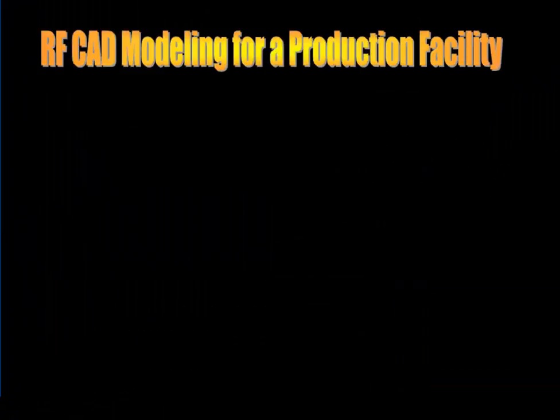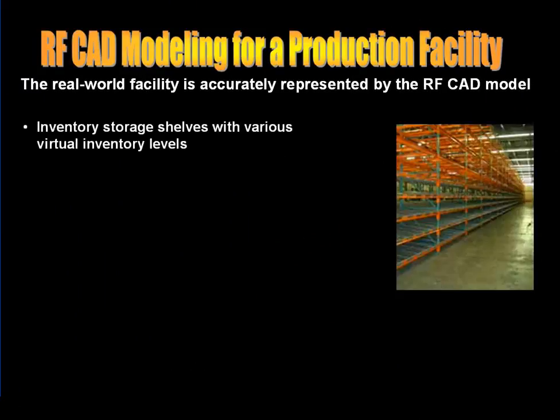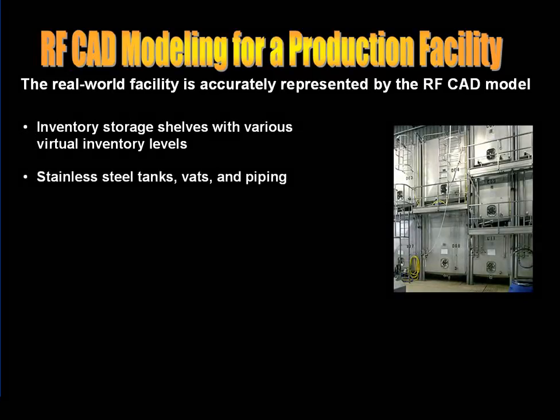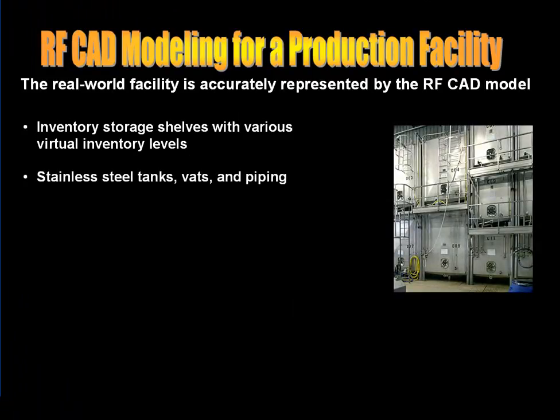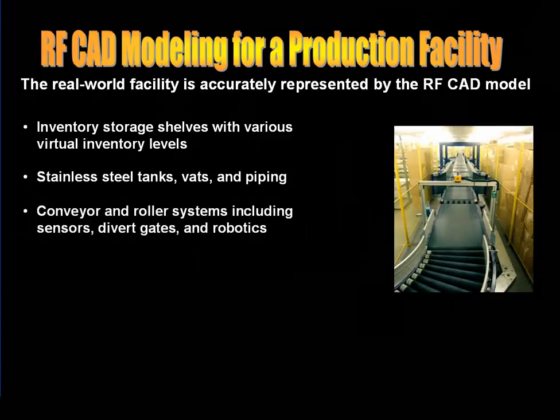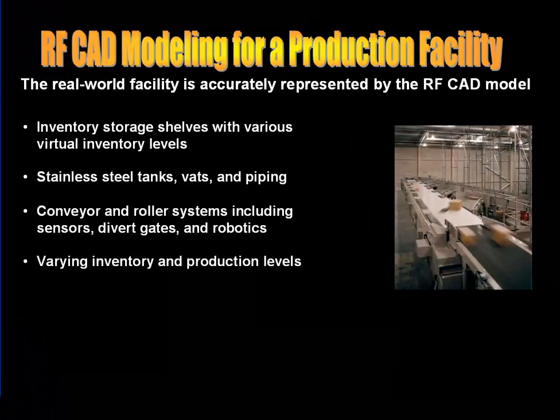The challenge of RF CAD modeling for a production facility is that a real-world facility contains objects like inventory storage shelves with various levels of inventory, stainless steel tanks or vats, piping, a number of obstructions including conveyor belts, divert gates, things that have to be accurately modeled in the three-dimensional modeling space.